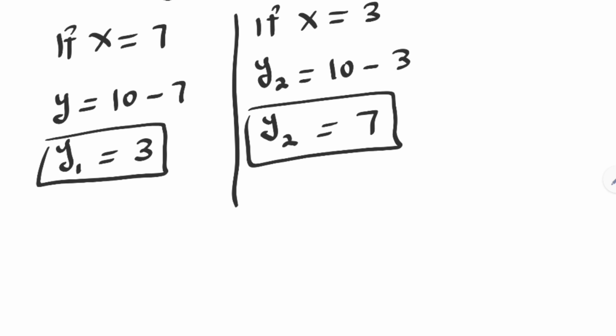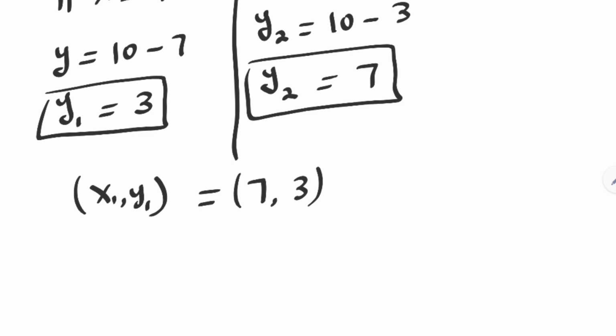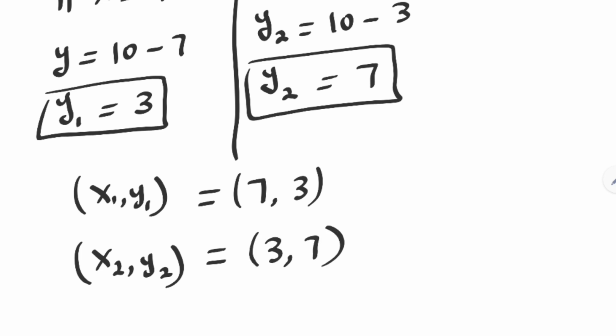Therefore, our final answers are x1, y1 is equal to 7, 3, and x2, y2 is equal to 3, 7. These are the values of x and y.